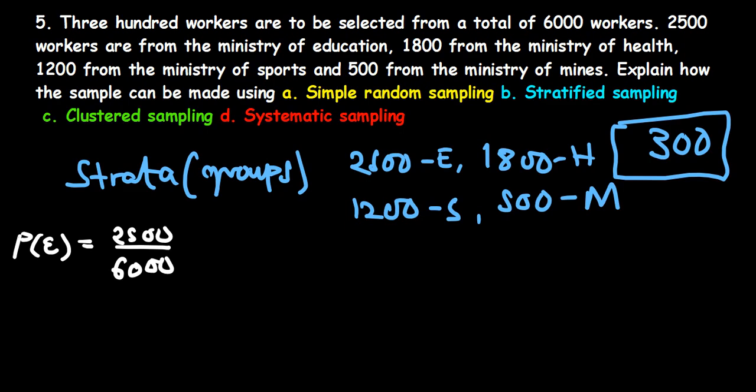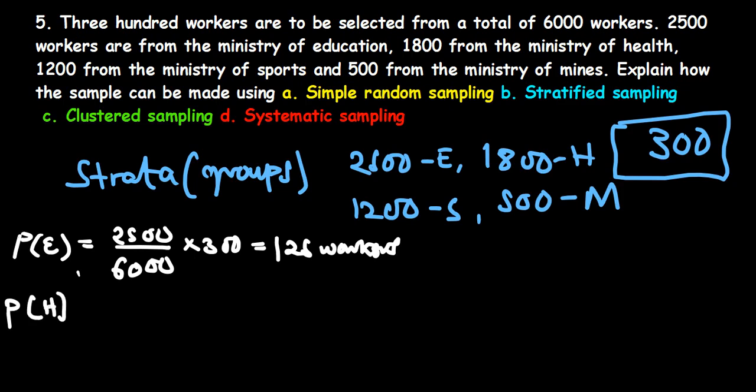Then we multiply this fraction by the number of workers that should be in this sample, so we multiply by 300. If we multiply this by 300, we get 125 workers. So when we are selecting these 300 workers, 125 should be from the Ministry of what? Education.